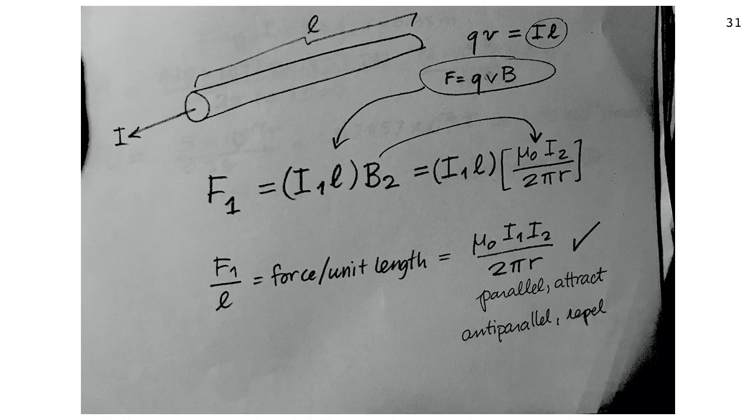If they're in opposite directions, they'll repel each other. And so you can see that the sign of the current has a similar effect as the electric charge in the Coulomb interaction. If you change the sign of the charge in one of the terms in the Coulomb interaction, it changes from attraction to repulsion, or from repulsion to attraction.